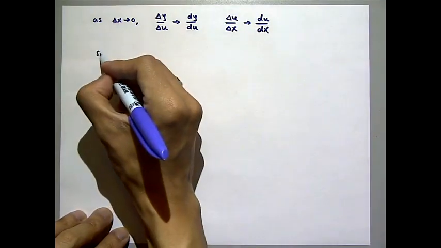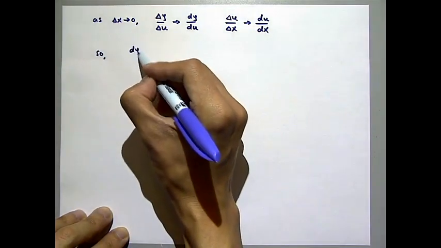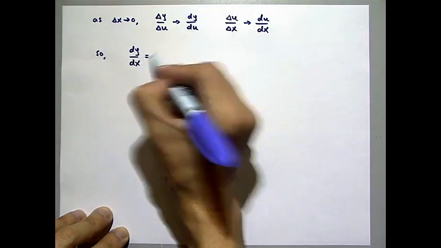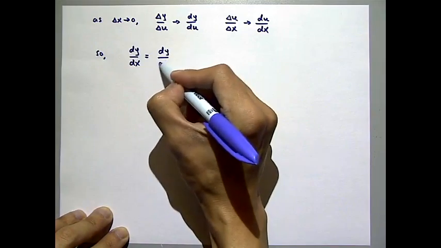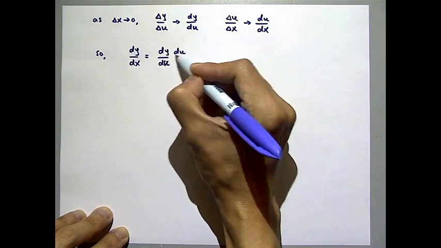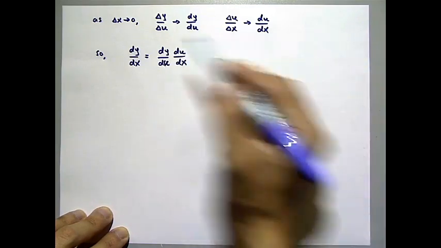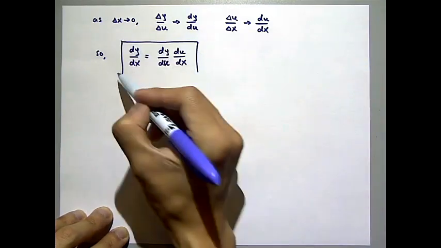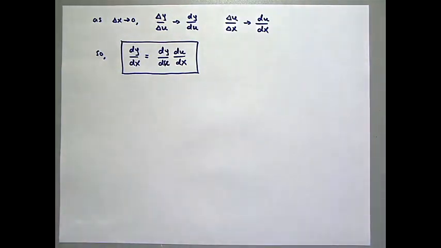So from the last page, after the limit process is completed, delta y over delta u is dy du.